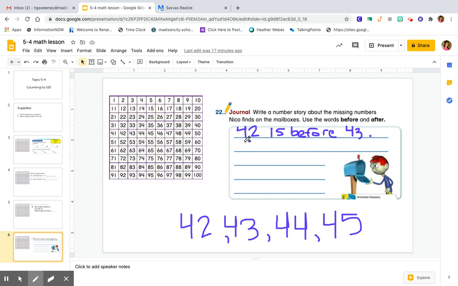And then maybe something you could say is 43 is before 44. And then maybe something else you could say is 45 is after 44.